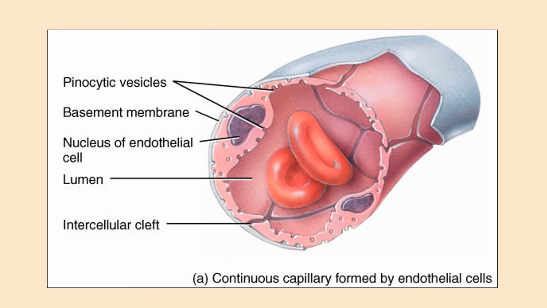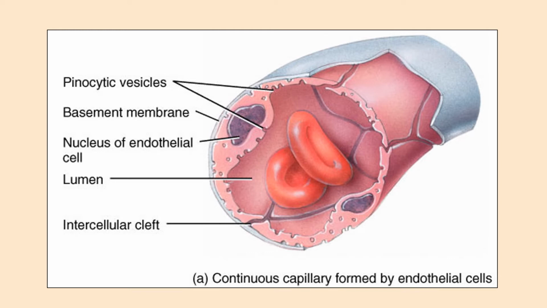Where they differ is just how leaky are they. So we're going to talk about continuous capillaries. Continuous capillaries have a moderate level of leakiness, and they are the type of capillary that occur in your generic systemic tissue. So continuous capillaries serve muscle tissue and fat tissue and connective tissues all over your body.